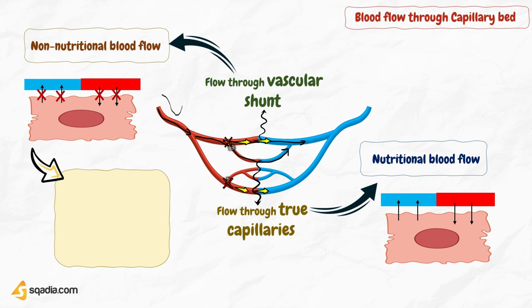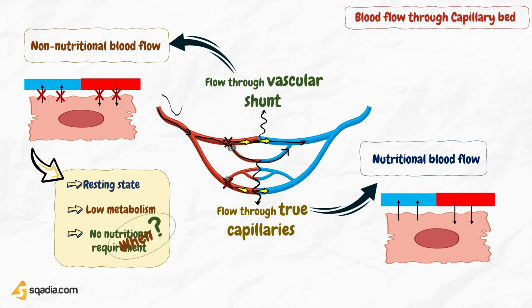Non-nutritional blood flow occurs in many tissues of the body, particularly during resting conditions or when metabolic activities are low, and there is no nutritional requirement for those particular tissues. So, what did we learn when non-nutritional blood flow occurs?